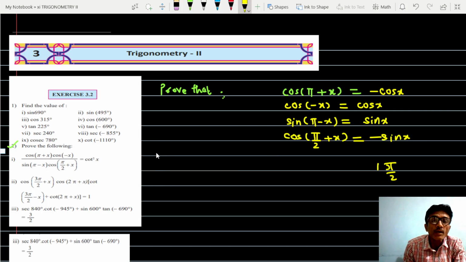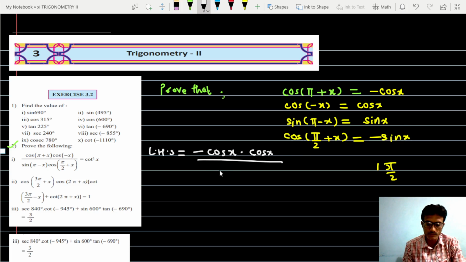So what will our left hand side be? See here, LHS is equal to, what is the numerator? Cos of pi plus x, which is minus cos x. And cos of minus x is cos x, so into cos x. Then the denominator is sin of pi minus x, which is sin x.